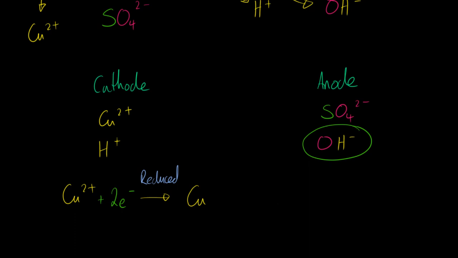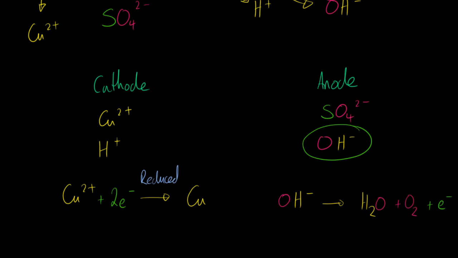So what's going to happen is my hydroxide ions, my OH minuses are going to form some water, some oxygen, and they're going to have to release some electrons as well. Okay, this looks horribly unbalanced, so let's just do this really quickly.